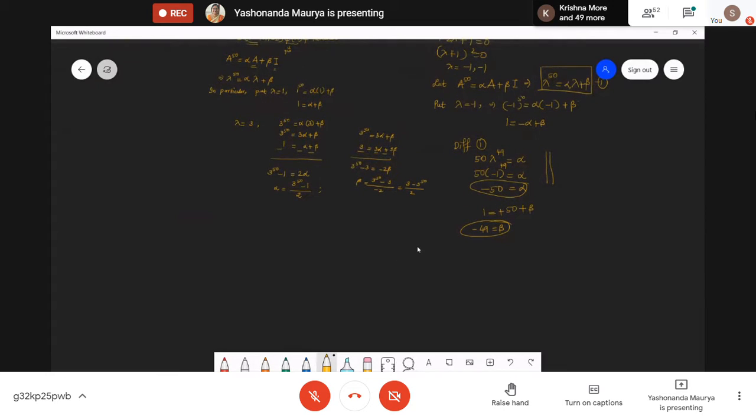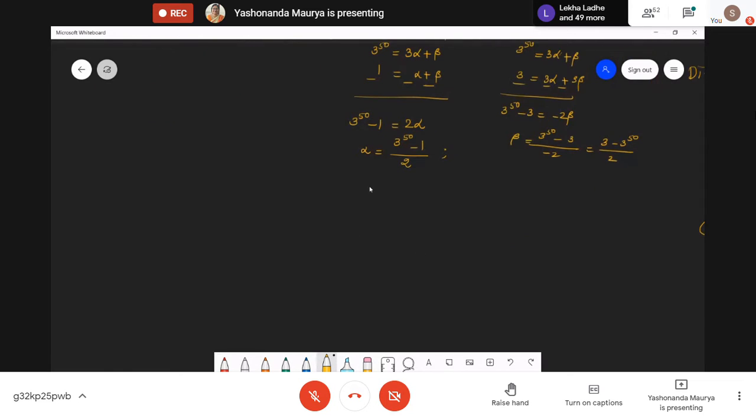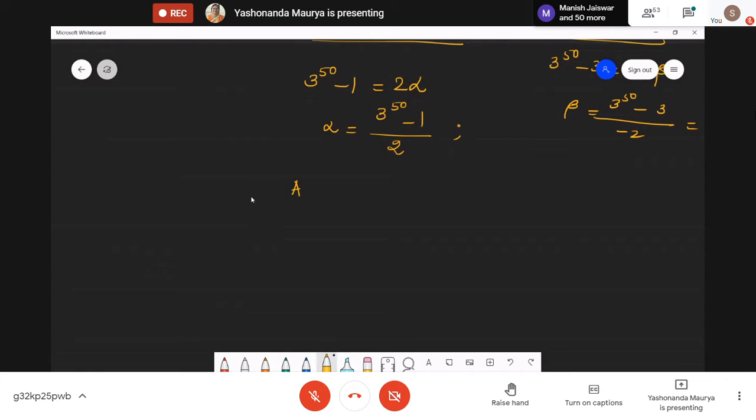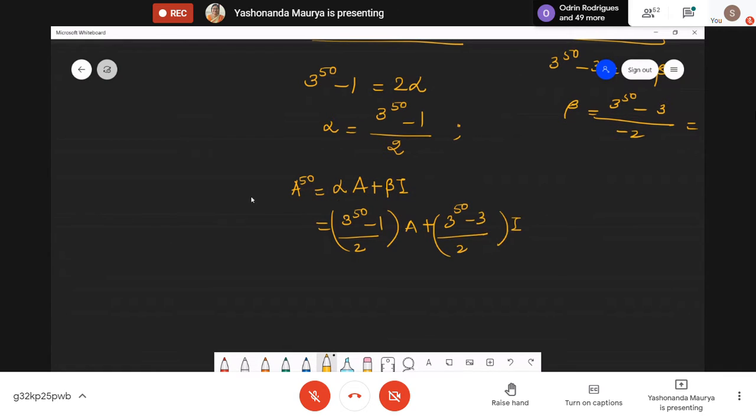When we are supposed to write down the expressions, we need to complete them. So over here, what is expected is A raised to 50 is equal to alpha A plus beta I, that is, alpha is this value, 3 raised to 50 minus 1 by 2 into A, plus 3 raised to 50 minus 3 divided by 2 times the identity matrix.